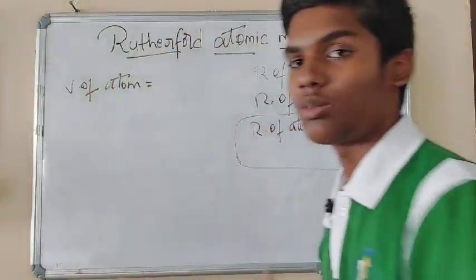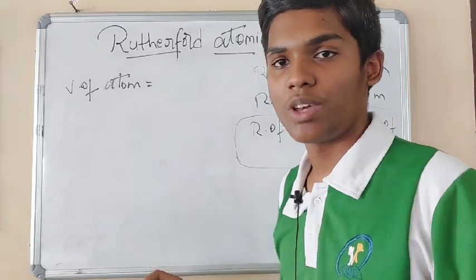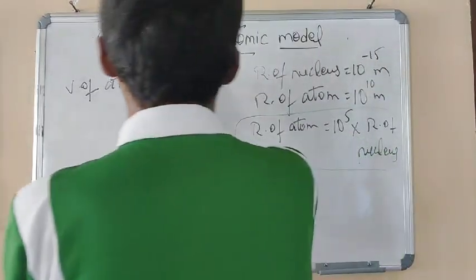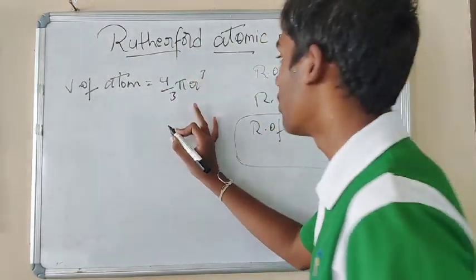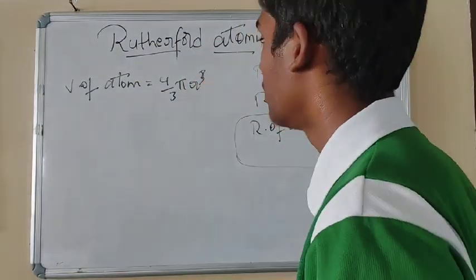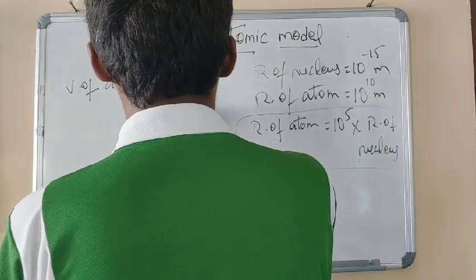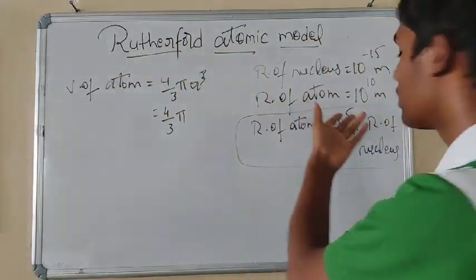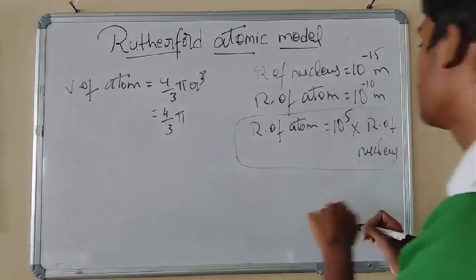Volume of atom, generally it is in spherical shape, right? The volume of a sphere is 4/3 pi r cube. So volume of atom is 4/3 pi r cube, where the radius of atom is 10 power minus 10 meters.